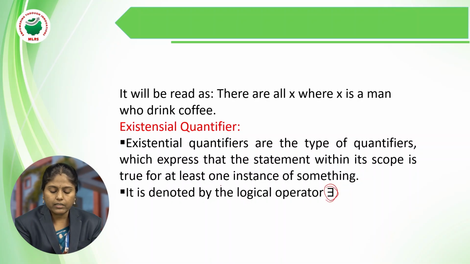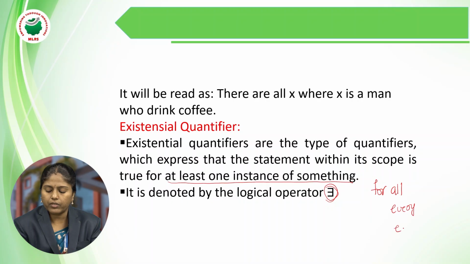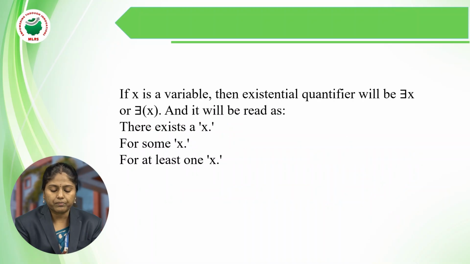In the existential quantifier, it includes at least one instance of something, whereas the universal quantifier indicates for all, for every, and for each and every person. The existential quantifier includes only one instance of something.